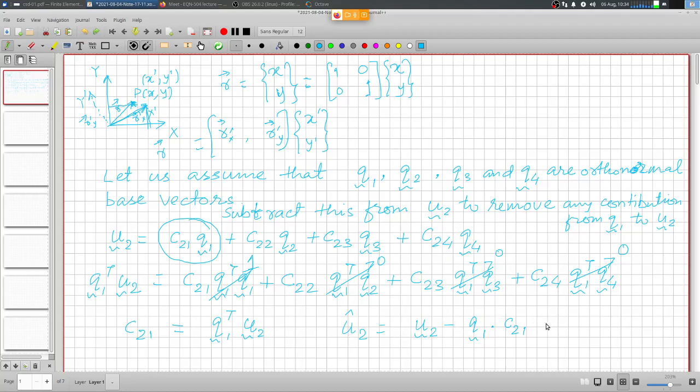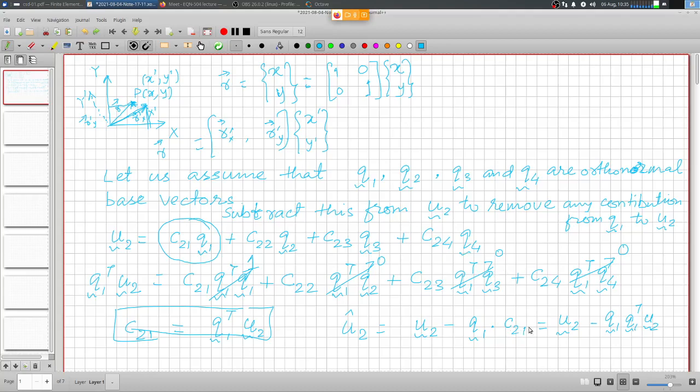So I can now write this as, substituting the value of c21 from here, right?